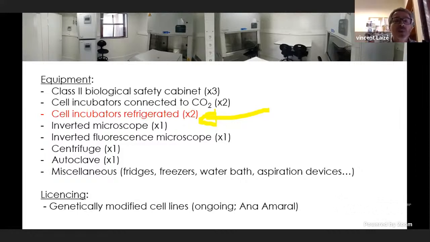Of course, it's only 2 incubators, so we can only set 2 different temperatures, but we could, for example, set the temperature for a cold water species, the salmon, which is growing well at 20, 21 degrees, and the other one could be set at the temperature for a warm water species like the zebrafish at 28 degrees. But this is just an example. These 2 incubators will allow us to cultivate fish cells in the CCMAR cell culture facility.